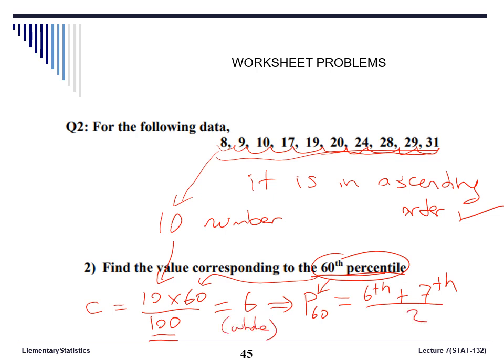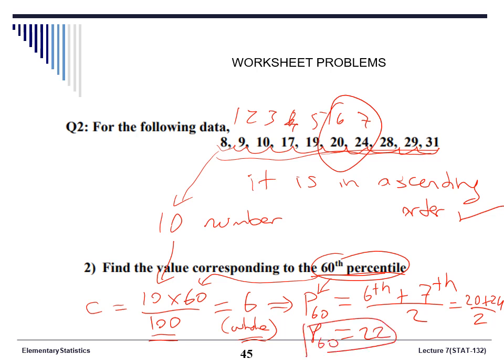If you remember, if it's a whole number, we do it this way. The 6th and 7th numbers, 1, 2, 3, 4, 5, 6, and 7, are 20 and 24. 20 plus 24 divided by 2 is 22. So the 60th percentile will be equal to 22.